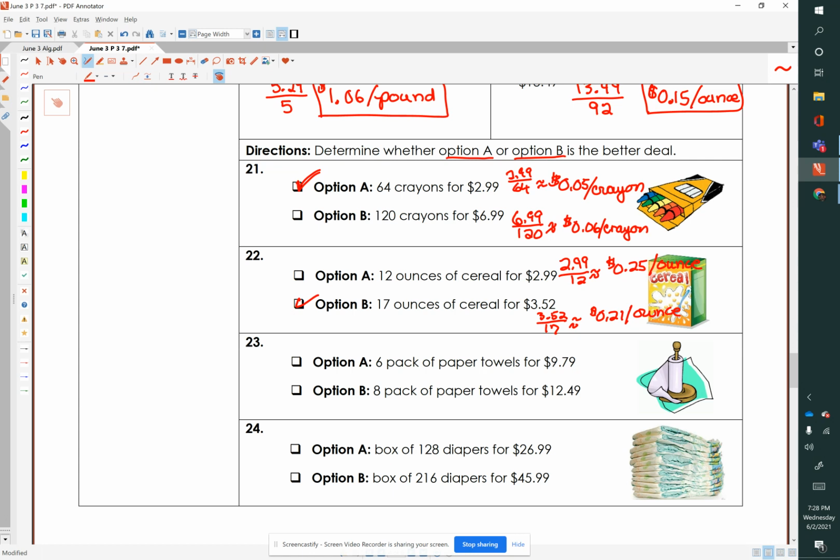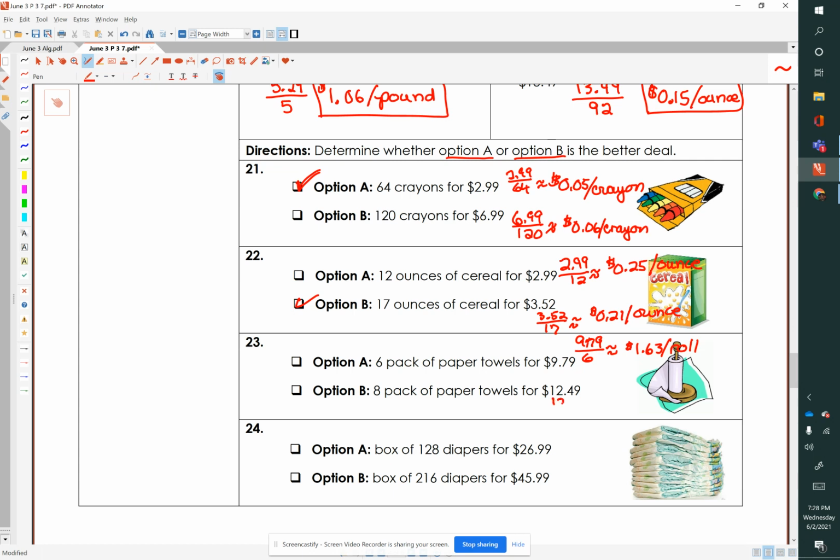Number 23, we can buy a 6-pack of paper towels for $9.79. $9.79 divided by 6 gives us approximately $1.63 per roll of paper towels.